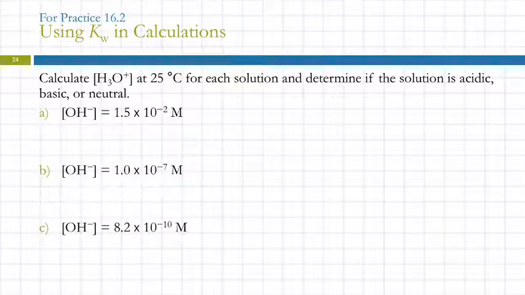So using that ion product constant expression for water, we can calculate the concentrations of the ions if we know what one of them is. So here we're saying this is at 25 degrees Celsius, and they're giving us hydroxide ion concentrations, asking us to find the hydronium ion concentration and identify, is this solution acidic, basic, or neutral?